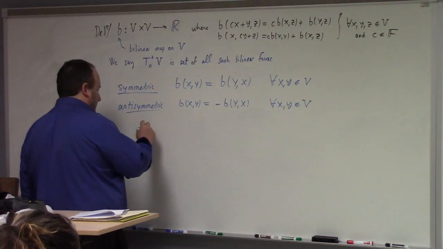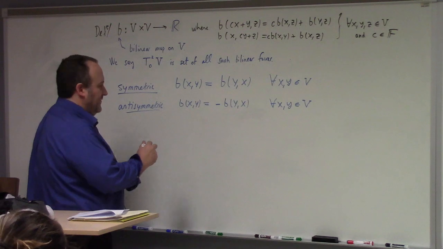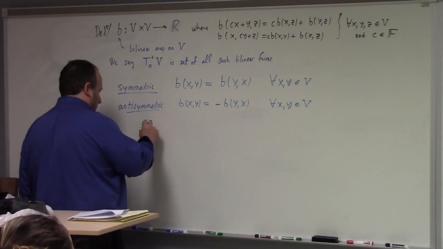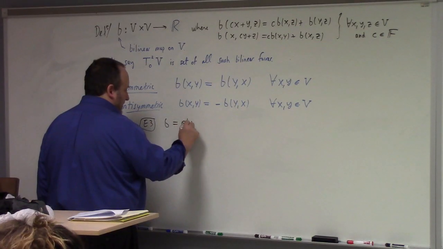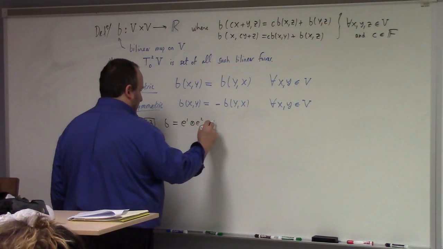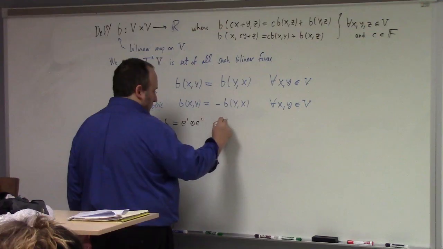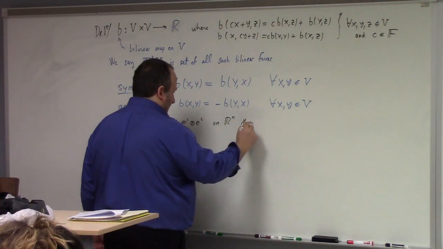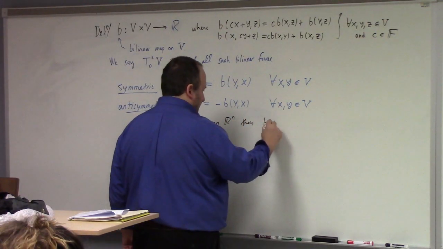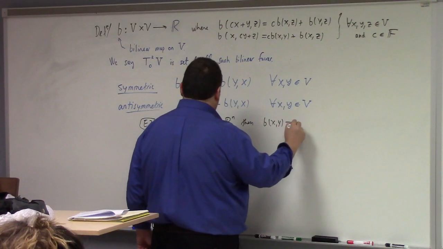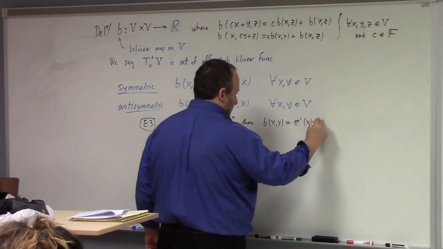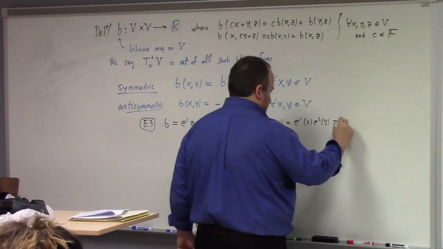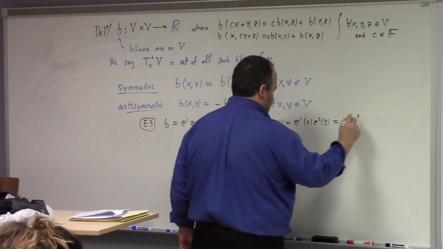Example, what example am I on? 3, 5, I can't remember. If I look at B as just E^1 tensor E^2 on R^n, then B(x, y) is equal to E^1(x) E^2(y), which is of course just x^1 y^2, right?